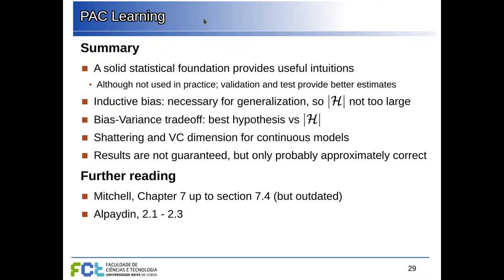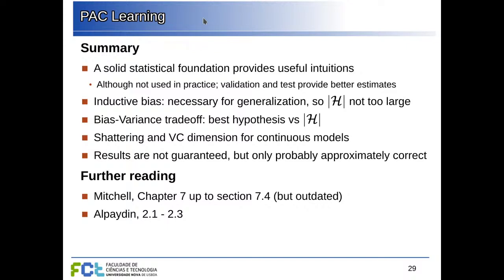Why we need inductive bias, because not having inductive bias means that the hypothesis class is hugely powerful, and so we cannot generalize. The bias-variance trade-off: if we want a hypothesis class that guarantees that we have a very good hypothesis there, then we need a powerful hypothesis class, and this will also risk increasing the variance, and so increasing the generalization error.